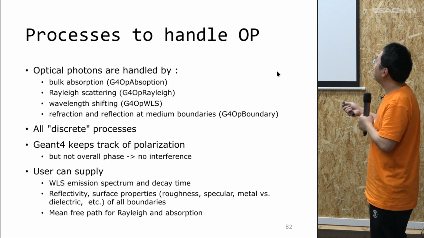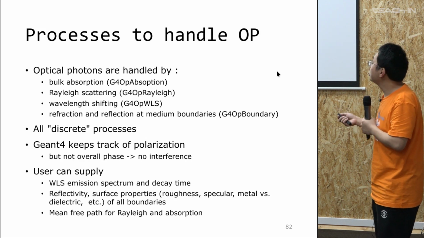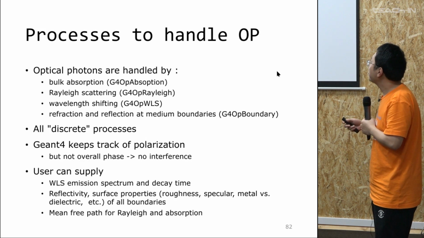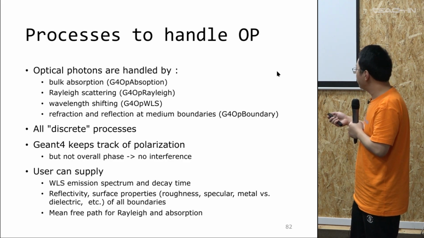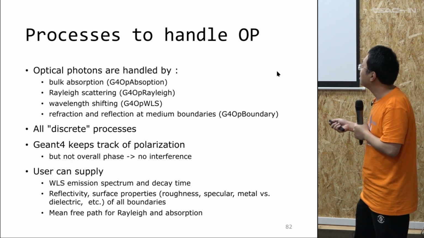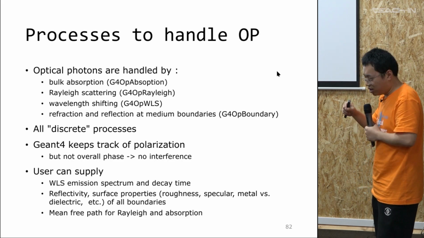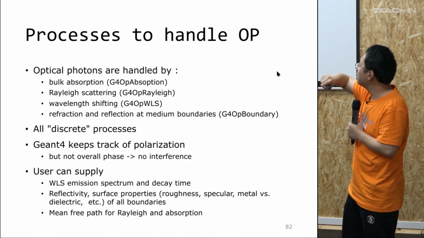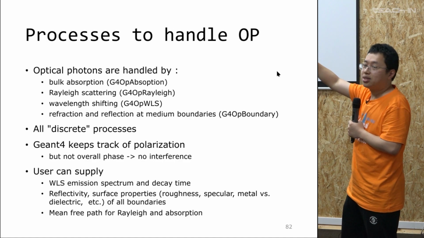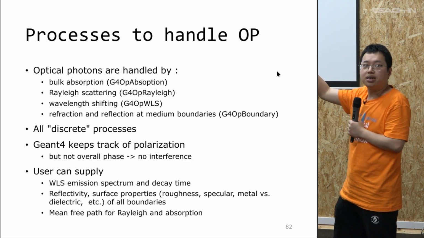Then there are the processes related to how to handle these optical photons. In the experiment, what we use is, for example, bulk absorption. That means when a photon goes inside the material, at some point it will be absorbed by the material.